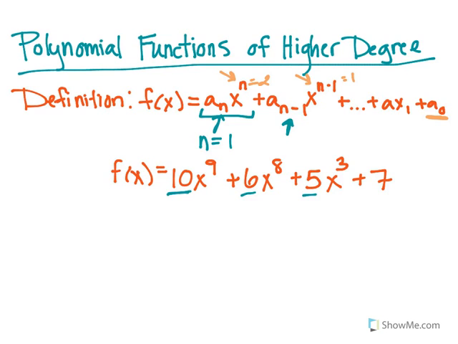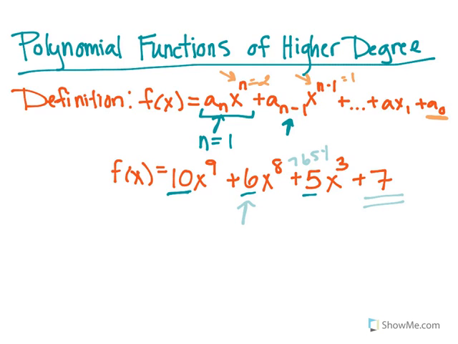Notice too that I am missing the exponents of 7, 6, 5, and 4, but they still exist. It just means that their coefficients happen to be 0. And of course it goes all the way until you get to a constant value, if it is something other than 0. If it is 0, then we just don't see it.